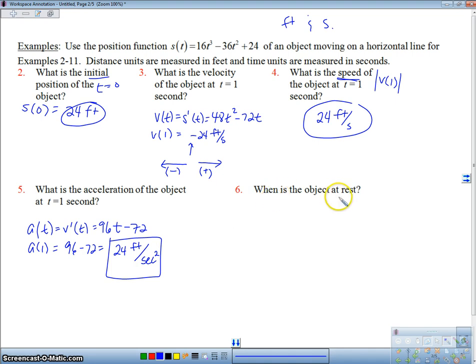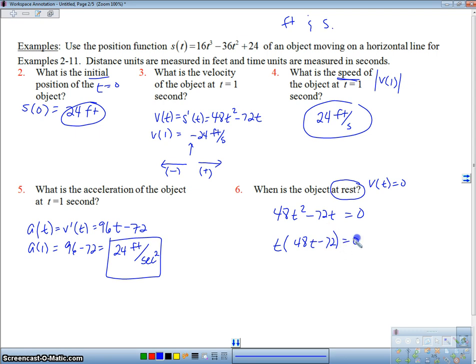When is the object at rest? The object is at rest when it's not moving. When it's not moving, it has 0 velocity. So that's a velocity equal to 0. So we're just going to take our velocity function, 48t squared minus 72t, and we're going to set it equal to 0 and solve for that. So we're going to factor out a t.